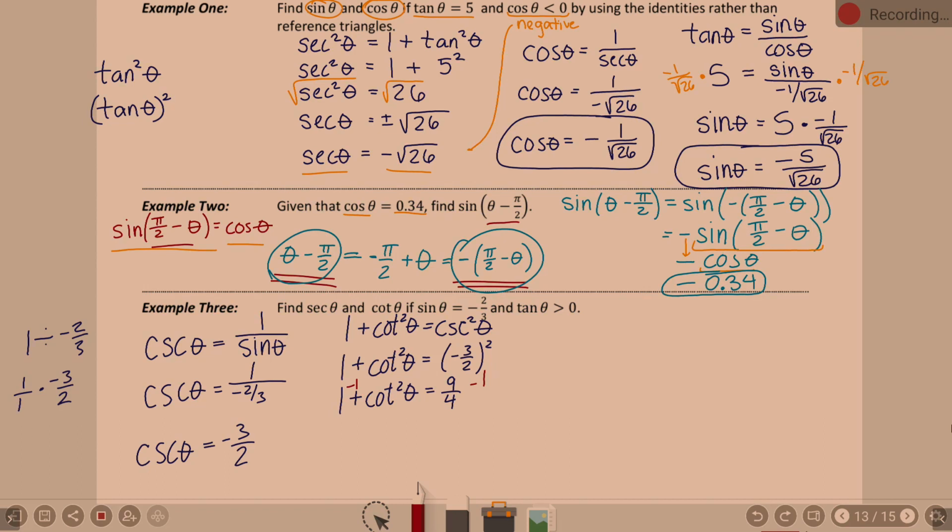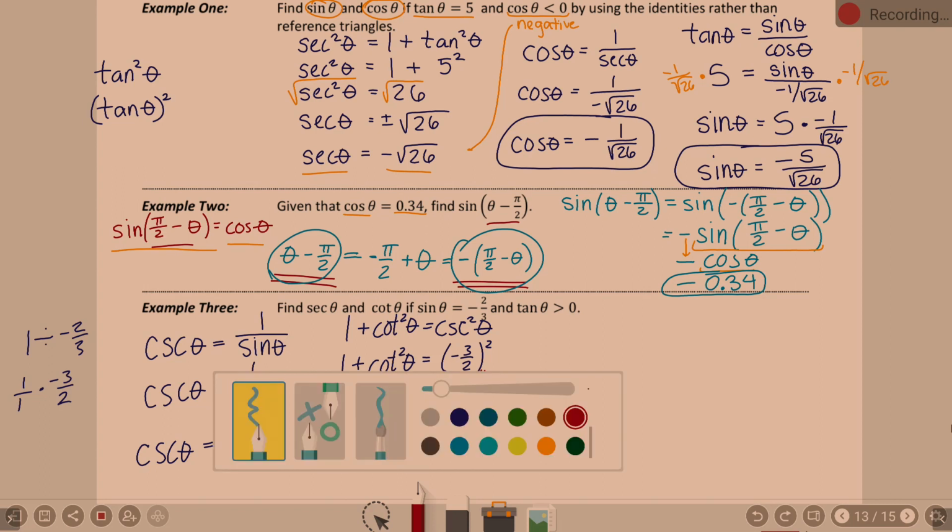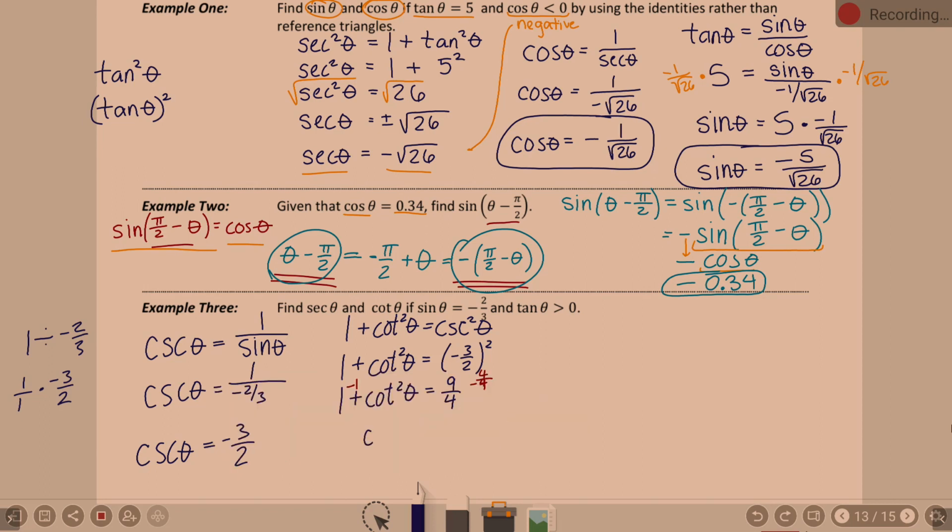What is 1 in terms of fourths? 4/4? So in order to do 9/4 minus 1, you're going to be doing 9/4 minus 4/4. So cotangent squared theta is going to be equal to 5/4.